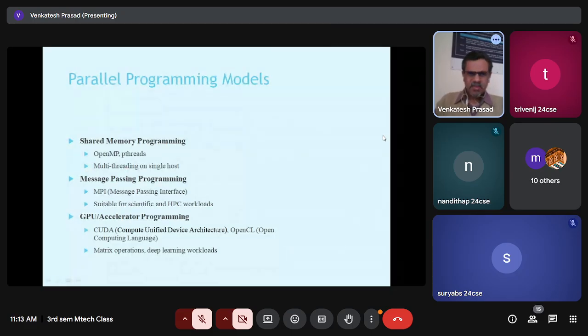So their parallel tasks will be running. They all will be using the shared data. How they compete for the shared data or updating the shared memory, all those things will be part of parallel computing. Even in distributed systems, right? There may be different tasks running in parallel, and they may be sharing shared memory or shared data.